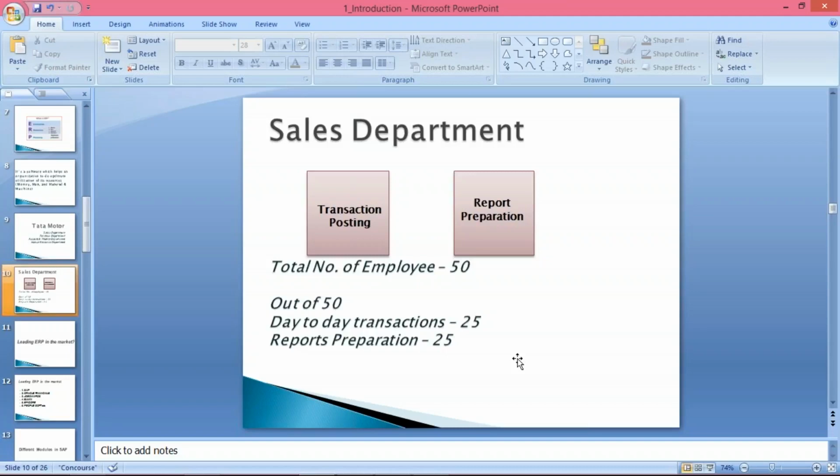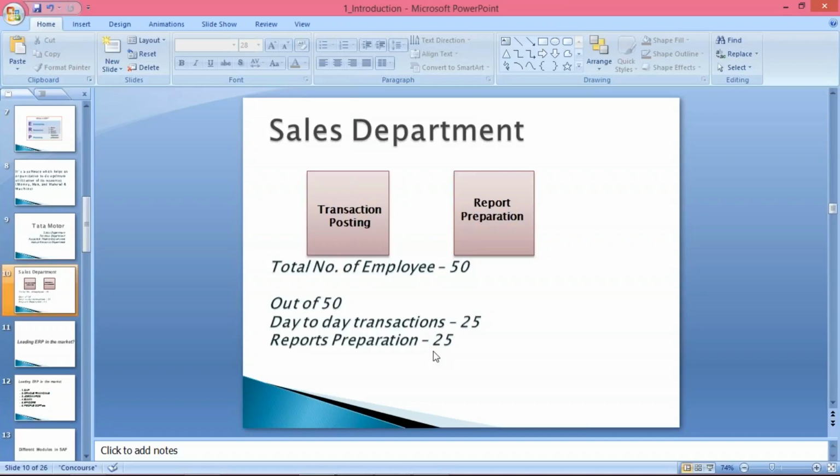So now look at the differences. Earlier, the sales department needed 50 employees. Now the sales department will be able to manage all their transaction-related activity with only 25 people. The remaining 25 people who were involved in report preparation, Tata Motors is going to engage in a different activity.